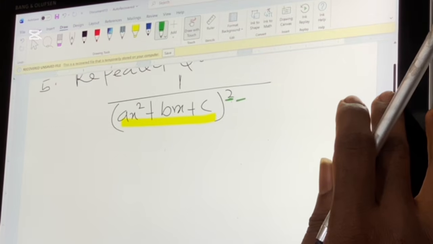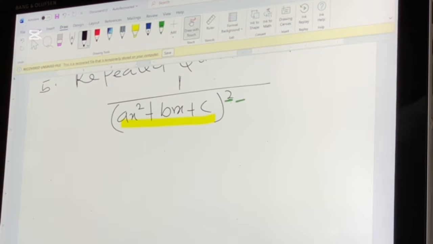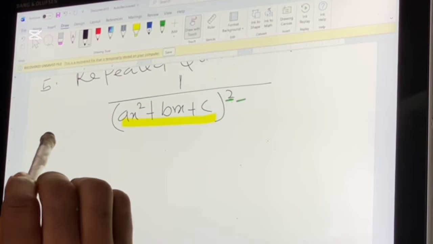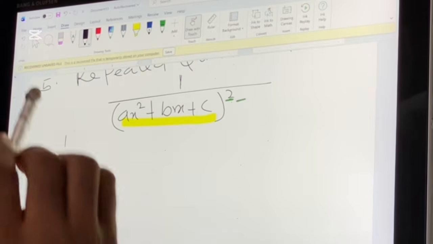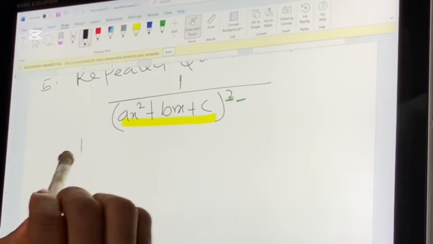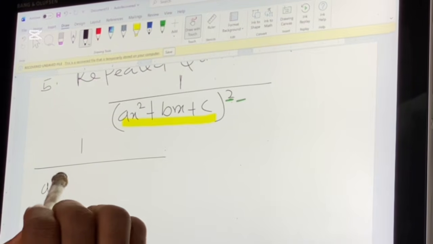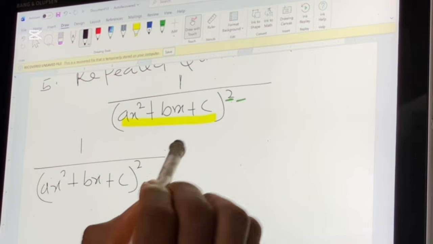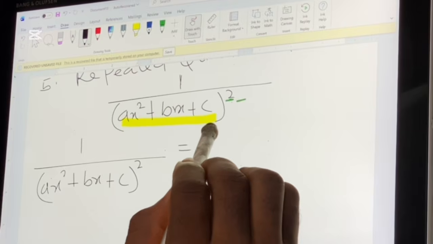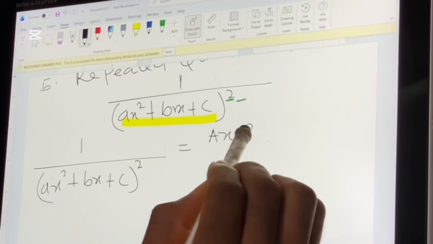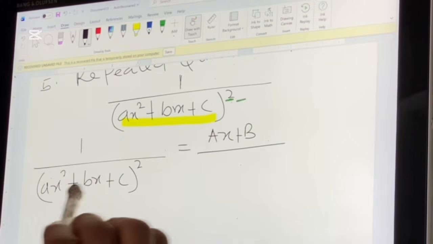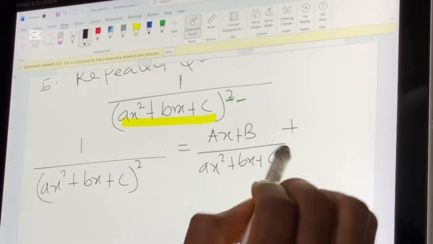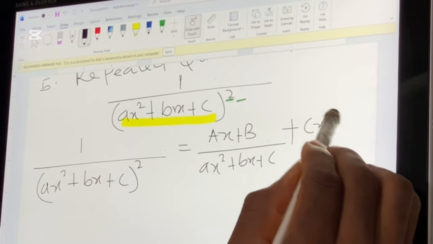So how do we solve this? Remember, we have an approach to solve all quadratic factors. So if I have a factor like 1 over (as squared plus bs plus c) all squared, I will have this to be (As plus B) over (as squared plus bs plus c) plus, for the second quadratic, (Cs plus D) over (as squared plus bs plus c) all squared.